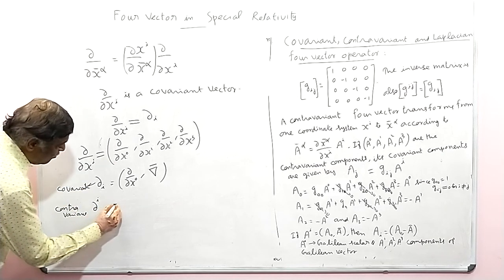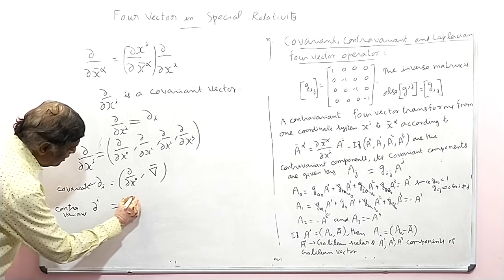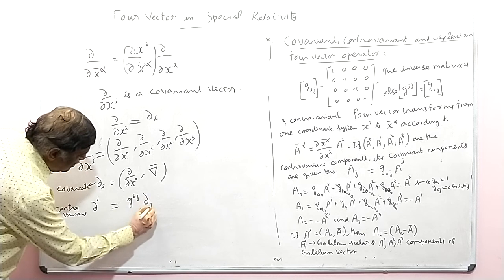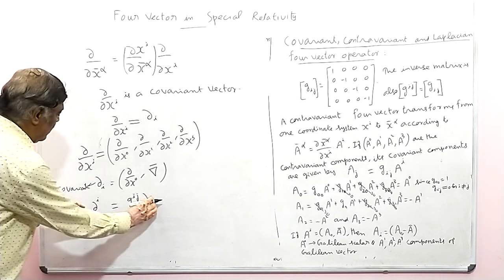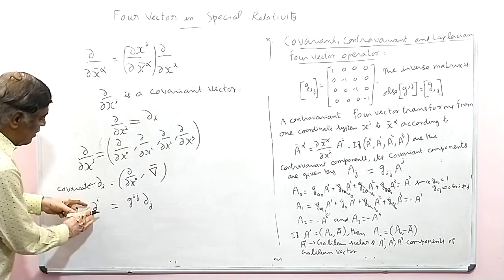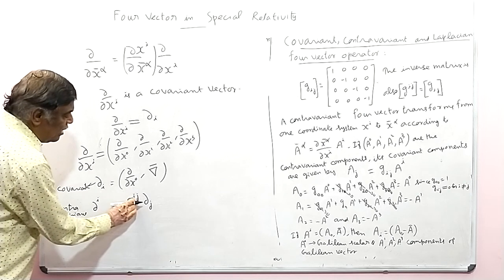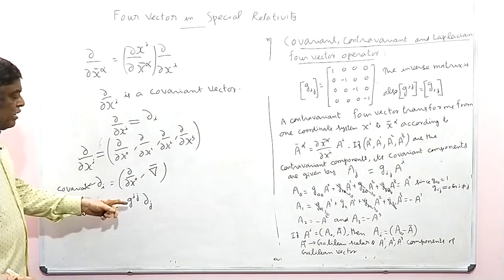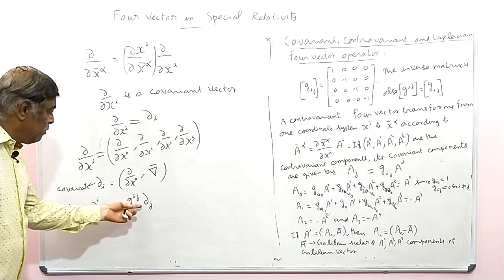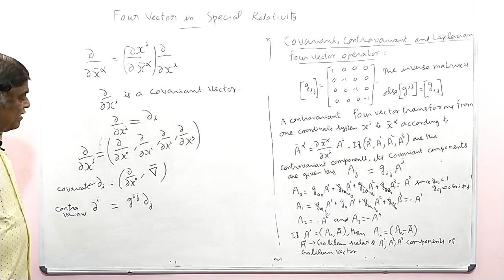This can be obtained by g^ij partial dj. So, this is a covariant vector. From this, the contravariant component can be obtained by multiplying by g^ij. This is a metric tensor, a contravariant metric tensor. So, the index can be raised by multiplying by g^ij.